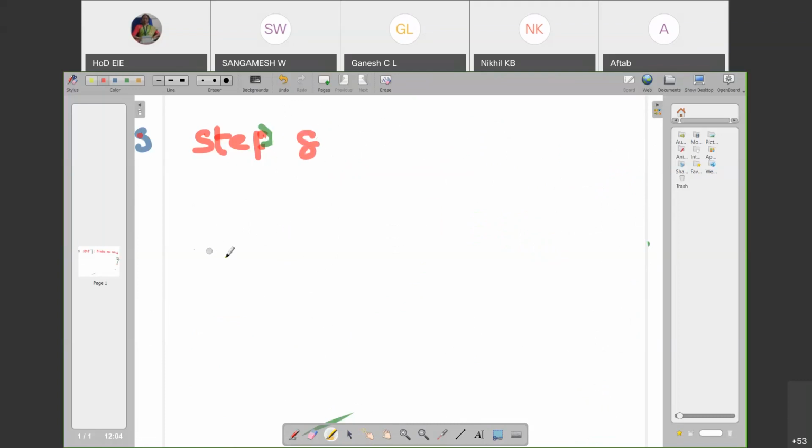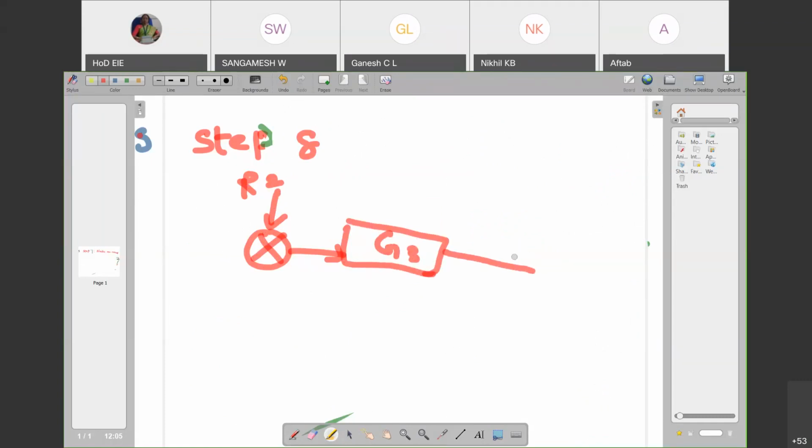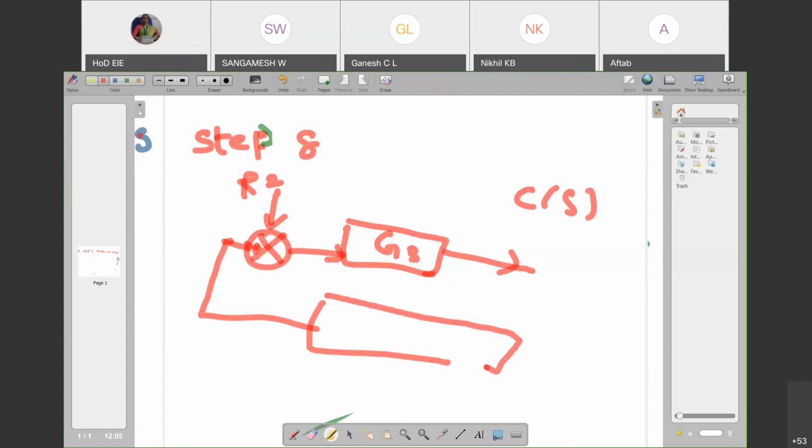For that, according to the previous instruction, I have to take the things in cascade, right? So my R2, my G3, if I try to rearrange by taking them for the cascade, this is C of S, but then to the positive terminal of the same thing, I have certain things which are in cascade.